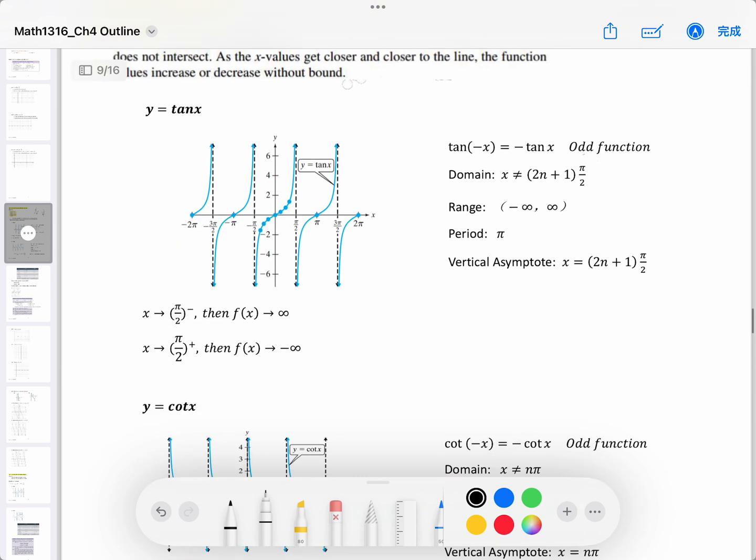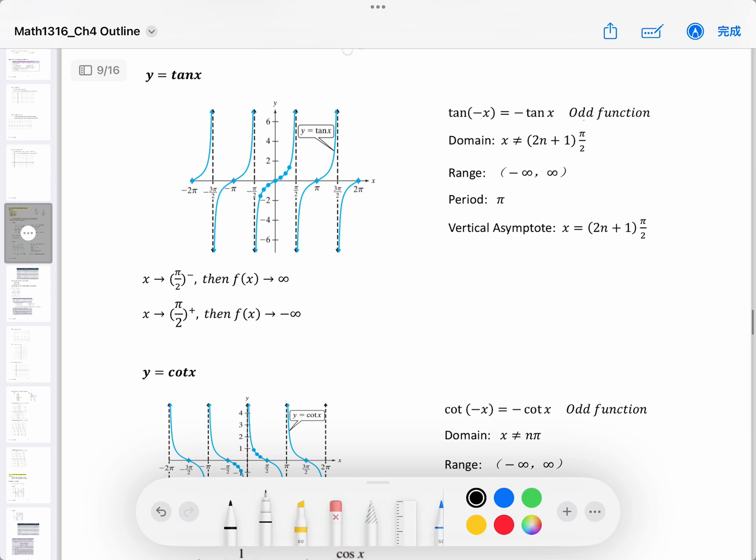For tangent and cotangent, we both have vertical asymptotes. The graph between two vertical asymptotes, between these two vertical lines, is one full cycle of tangent x. Tangent is an odd function: when we input negative x, we get negative tangent x.